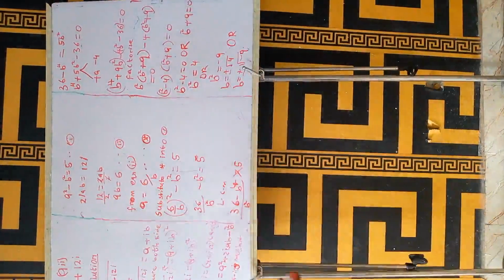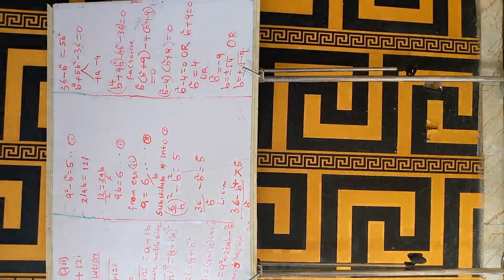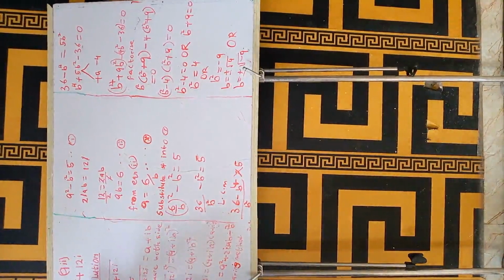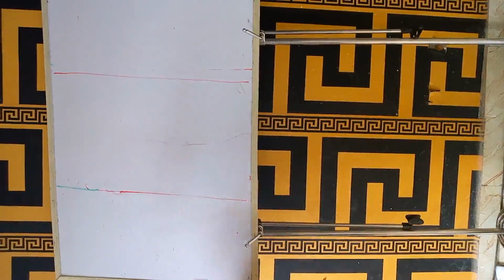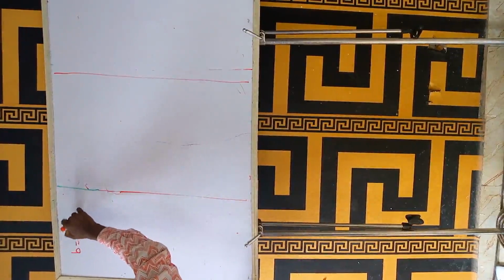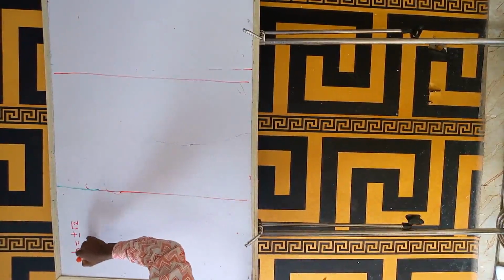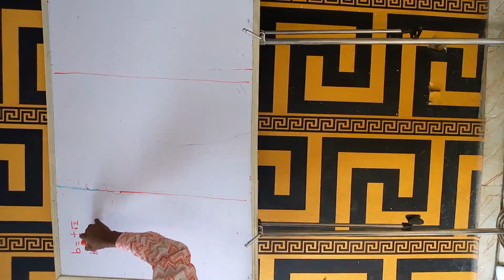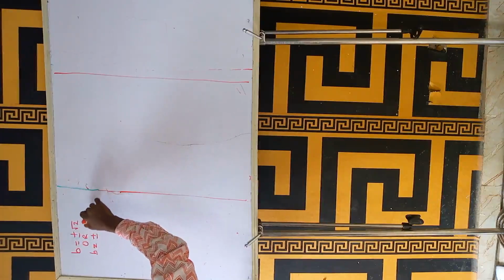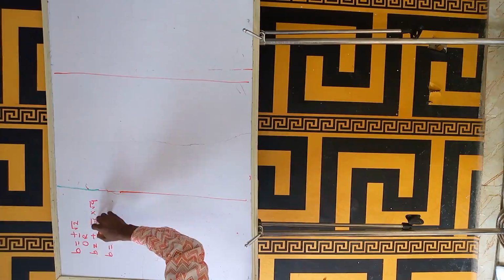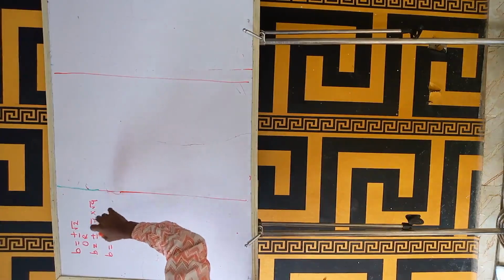And from here, therefore, my b will equal plus or minus square root of 4, which is 2, and b equals plus or minus square root of minus 1 times square root of 9. B will now be plus or minus, square root of minus 1 is i, square root of 9 is 3.